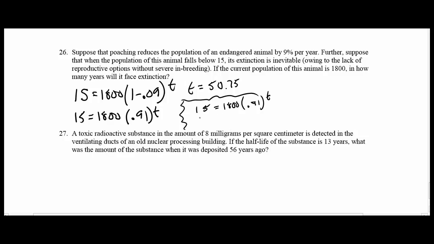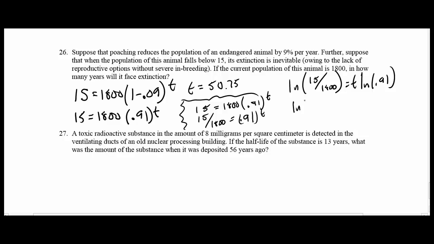So I want 15 divided by 1800 equals 0.91 to the t. Now I want to take the natural log. So ln of 15 over 1800 equals t times the ln of 0.91. And then I want to divide. So t equals ln of 15 over 1800 divided by ln of 0.91.